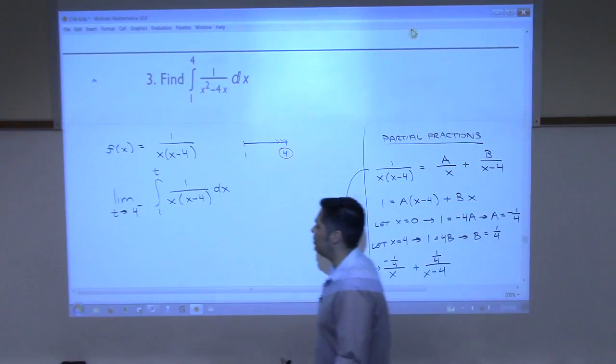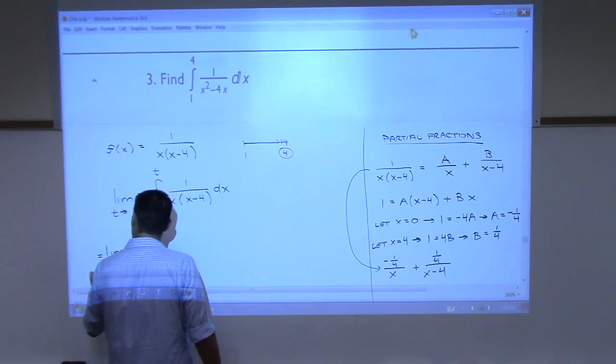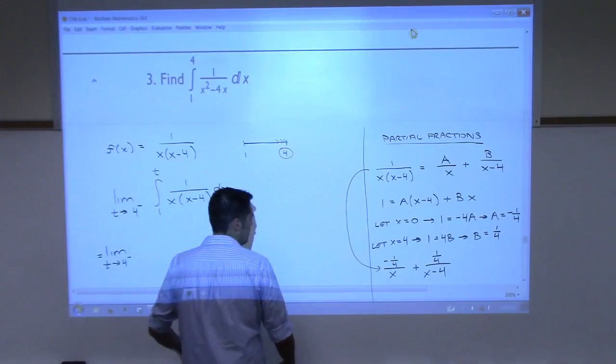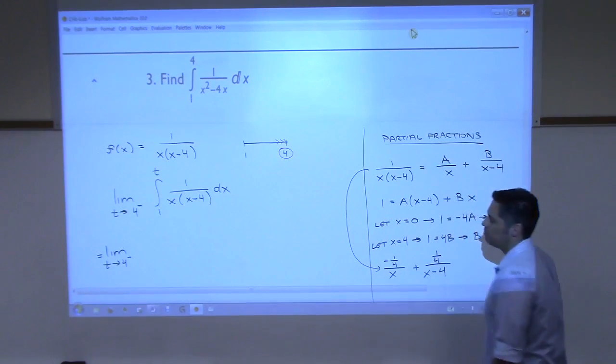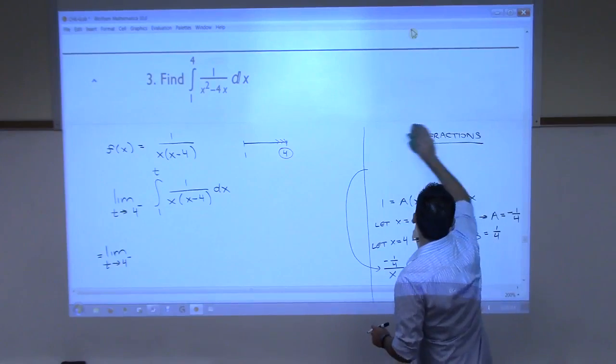So I'm going to go ahead and do that right now. I'm going to say limit t goes to 4 from the left, and now the antiderivative. Well, you know what? I don't want to try too much at one time here. Let me just continue with this up here.